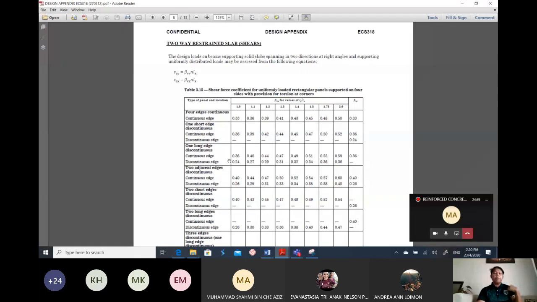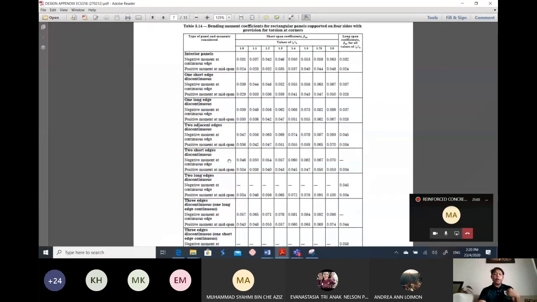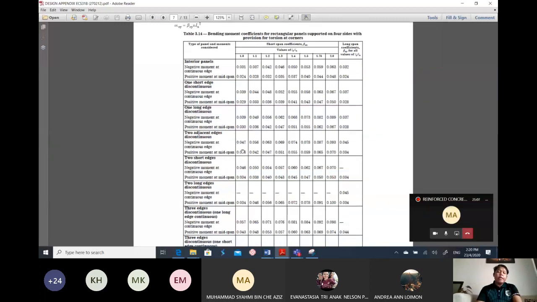Same goes to this table for the bending moment. Here, bending moment uses positive and negative values. Kita dah belajar before this: positive value is always at the midspan and negative value is always at support. So no need for you to confuse. Positive moment is always at midspan, negative moment is always at support.